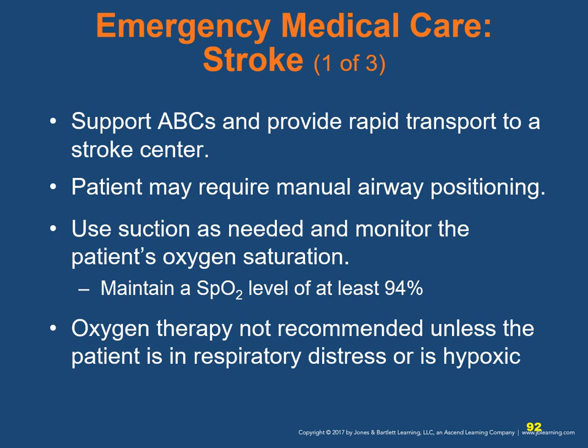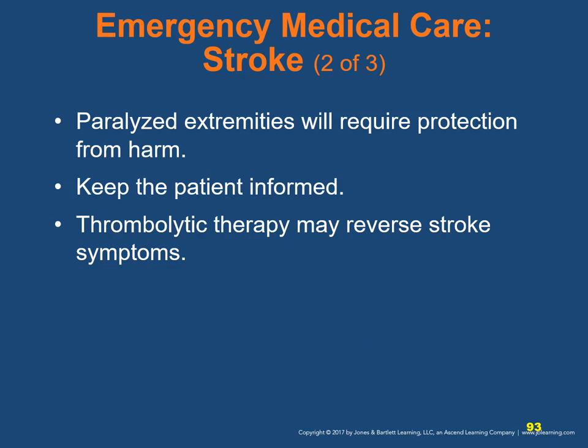Routine use of oxygen therapy is not recommended unless the patient is experiencing respiratory distress or is showing signs of hypoxia. A patient's paralyzed extremities will require protection from harm. Continuously talk to the patient and inform him or her of what is happening.